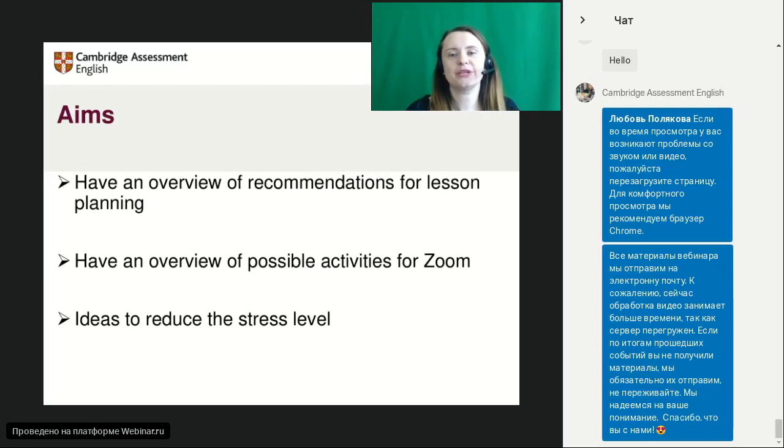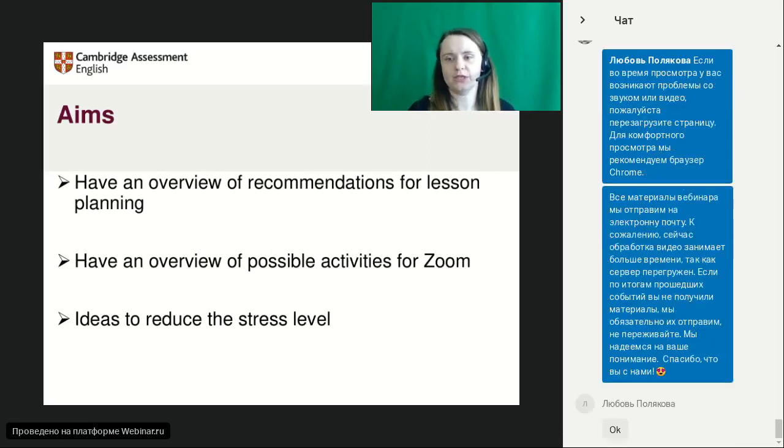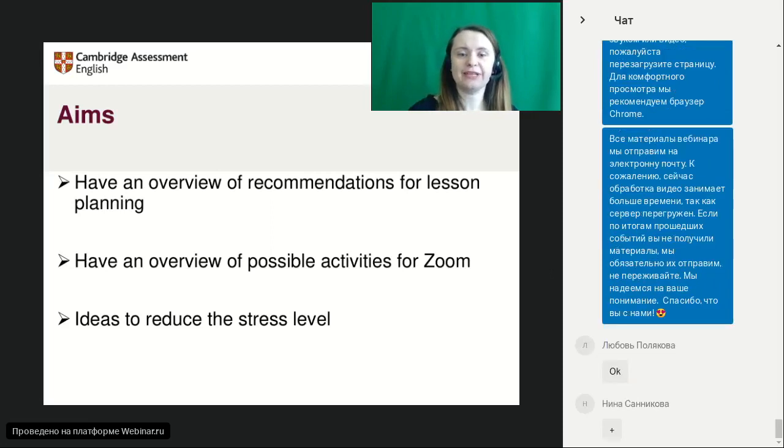We're also going to talk about possible activities that can be used in Zoom, because Zoom is now probably one of the most popular platforms for teaching online. I know that we are all trying to master a variety of tools and applications for online teaching, and trying to incorporate them into the platform, but there are some cases when they don't work.